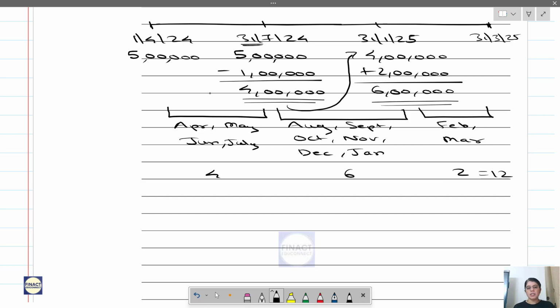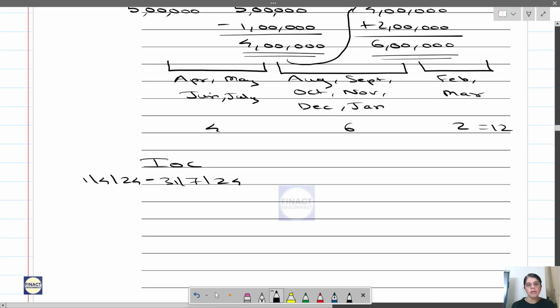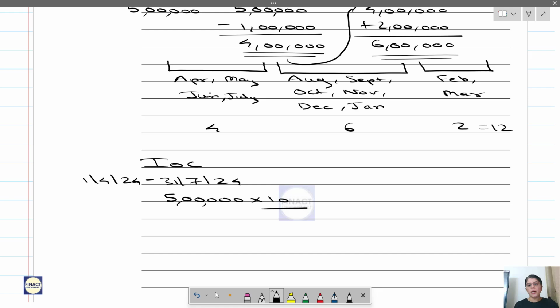Now let us see how to calculate interest on capital. Interest on capital has to be calculated on a proportionate basis. From 1st April 24 to 31st July 24, 5 lakhs was the balance. So 5 lakhs into 10 by 100 into, for how many months? 4, so 4 by 12.